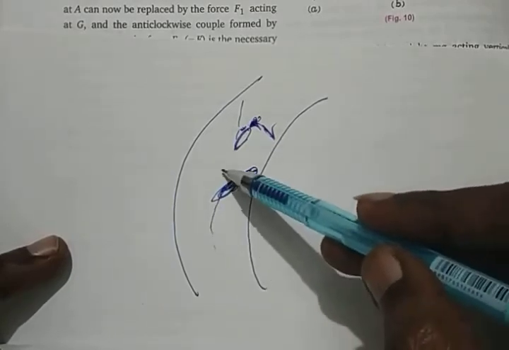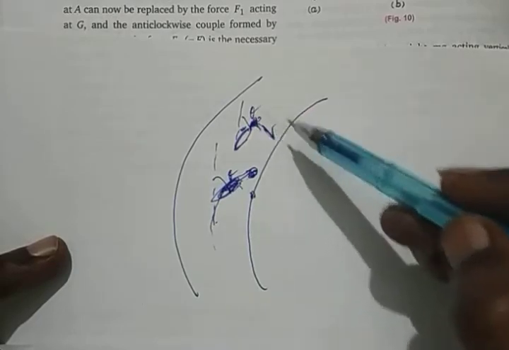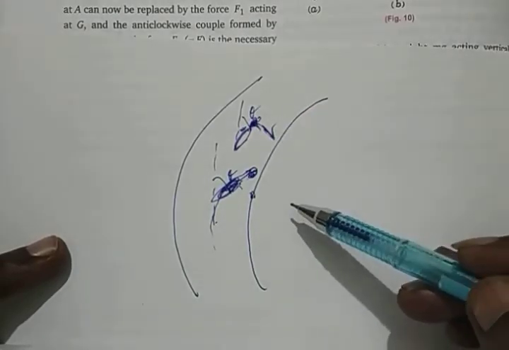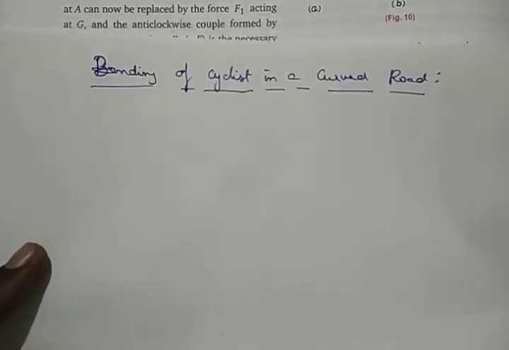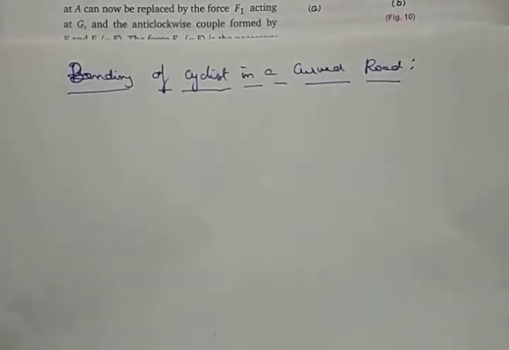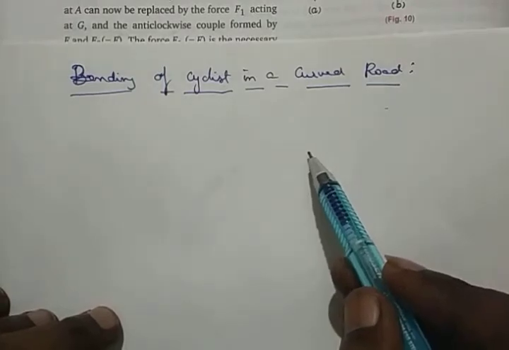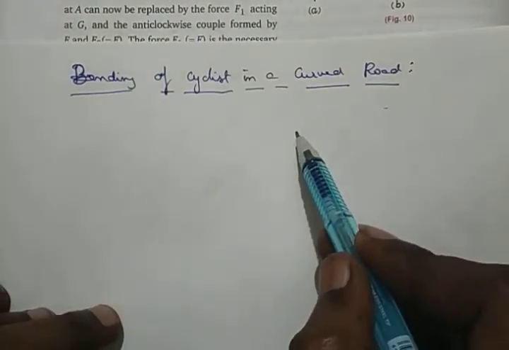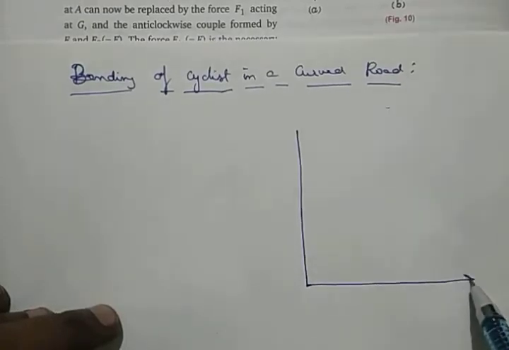They lean at quite a good angle, so the wheel leans accordingly. Why do they lean like that? What is the necessity? Can they be straight? Whenever they are negotiating a curved road, even a cyclist has to lean towards the center.